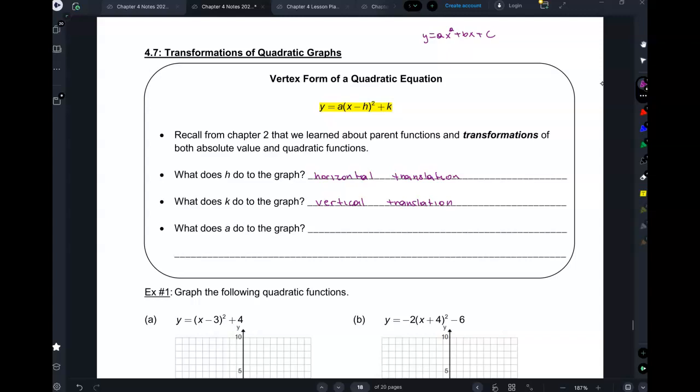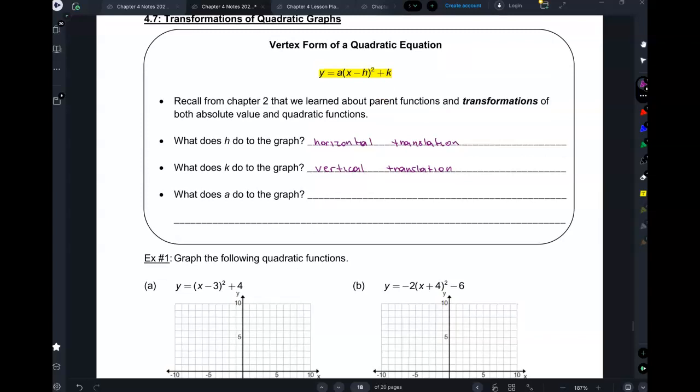Okay, and now a, what does a do to the graph? It's the stretch or the compression, right? And the sign of a, if a is negative, is responsible for whether it goes up or down, a reflection around the x-axis. Good. So if a is less than 0, then there is a reflection around the x-axis.